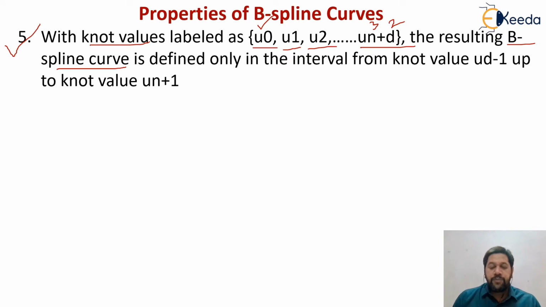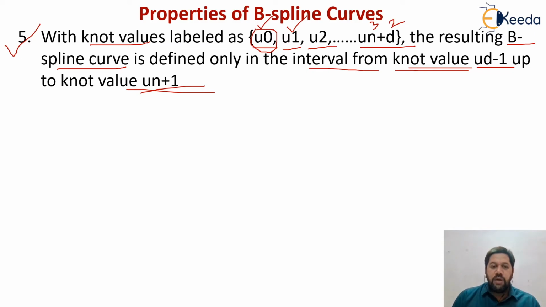The resulting B-spline curve is defined only in the interval from the knot value u of d minus 1 up to the knot value u of n plus 1. Here the knot value is my sub interval, and it starts from u of d. Suppose d is equal to 2, so d minus 1 means 1, so this is my starting point, u1, and it goes up to the knot value u of n plus 1.